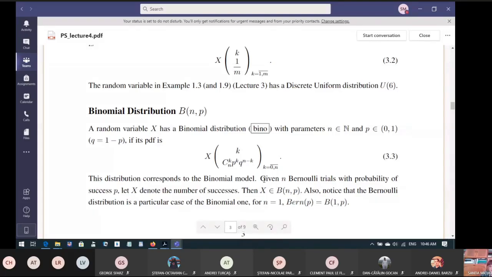Now, we refer to that again. Given n Bernoulli trials with probability of success p, let X denote the number of successes. How many successes can there be in n trials? Any number from 0 to n, right? And again, we describe the entirety of what can happen. Remember, that was the purpose of random variables. All the possible numbers of successes in n trials.